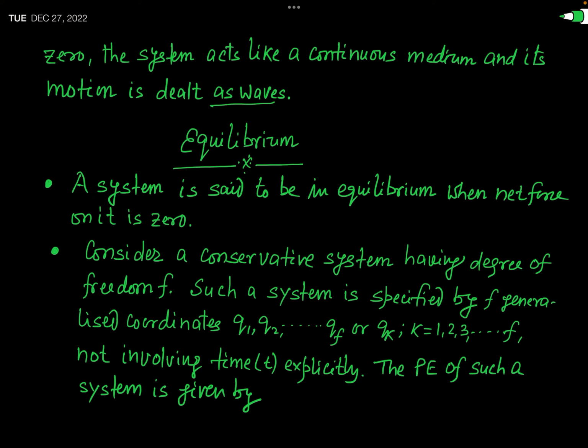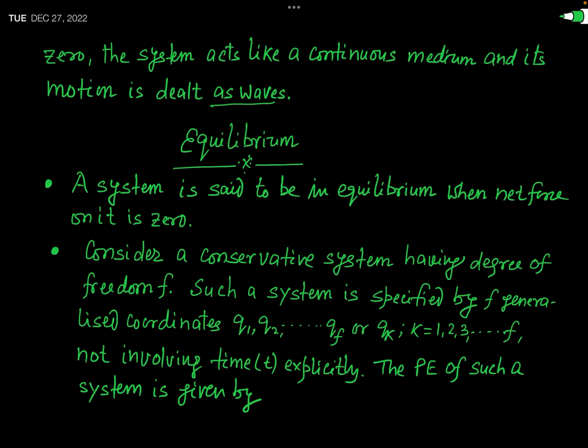It means V is either minimum or maximum or stationary. When you say stationary, that means constant. It means in the state of equilibrium, the system has either minimum potential energy or maximum potential energy or constant potential energy.